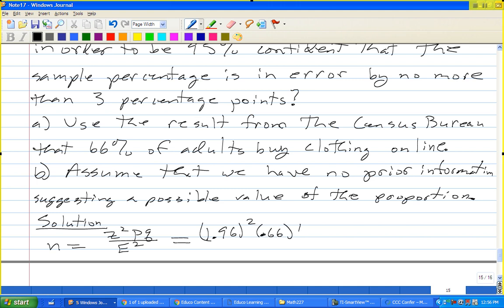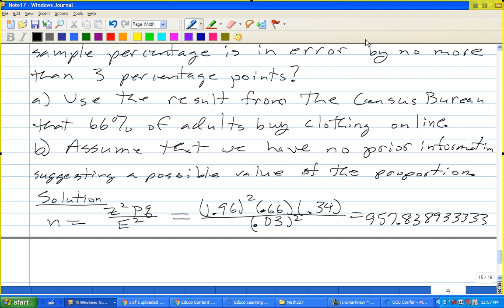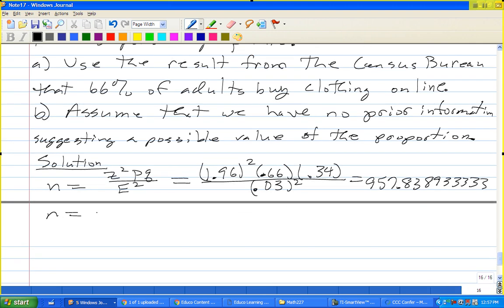If 66% are successes, 34% are failures, and my error is 3%. So plug that into your calculator, and you get 957.8389 and a whole bunch of threes. And so my sample size is 958.